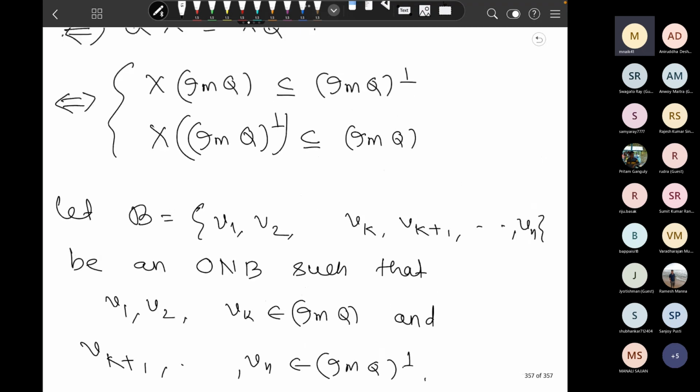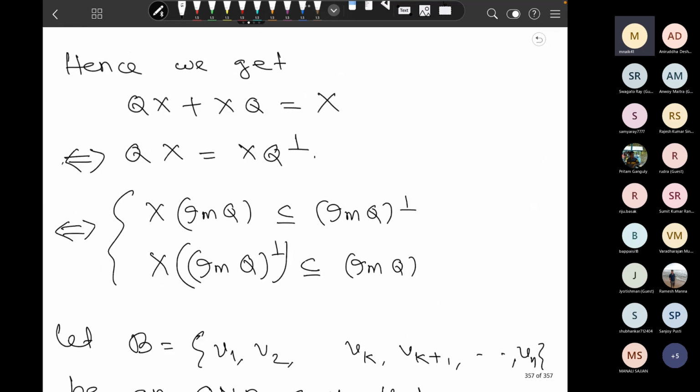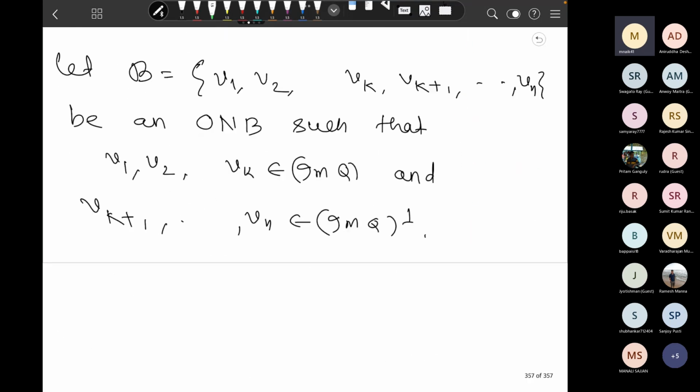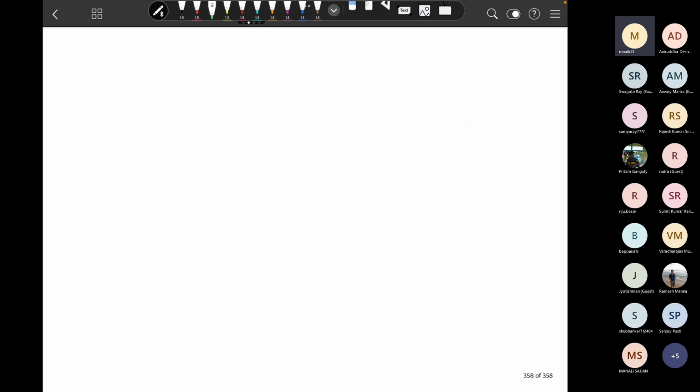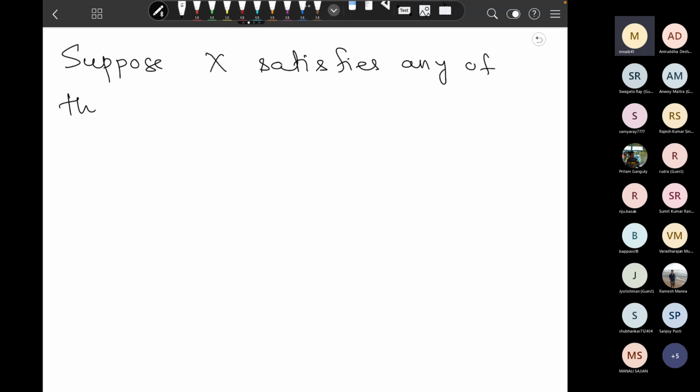So let us call these three conditions C. Suppose this X satisfies any of the conditions in C in the previous page.